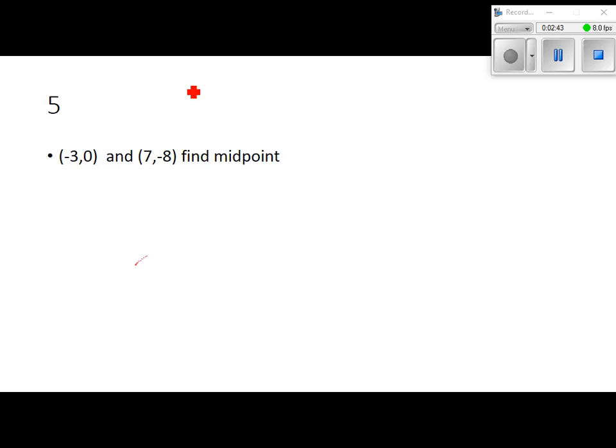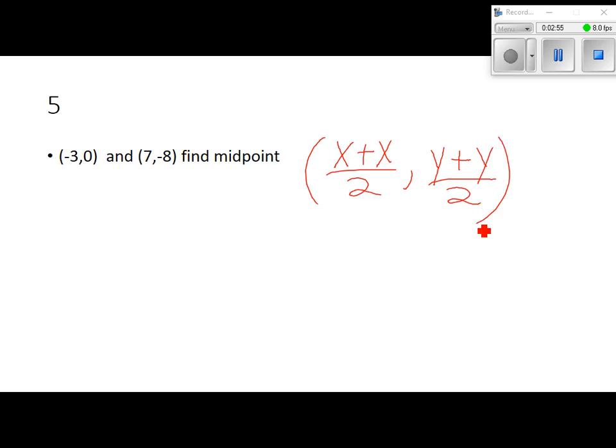Number 5 says find the midpoint of that. You could use a graph if you wanted. Easiest way to find the midpoint, you just use the formula: x plus x divided by 2, y plus y divided by 2. Remember, this is an x, that's an x, that's a y, that's a y. You set up this formula.